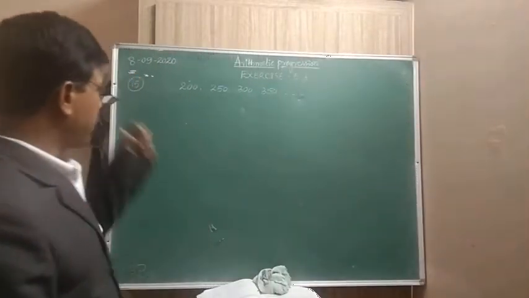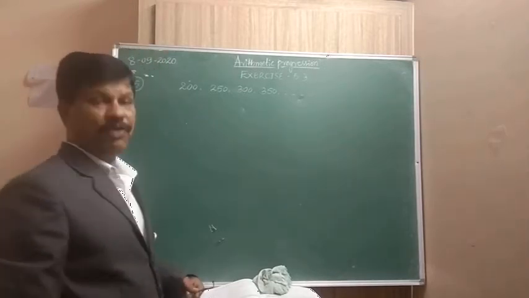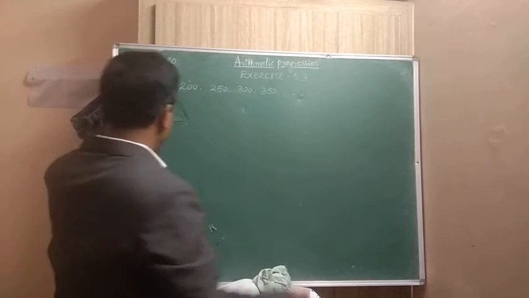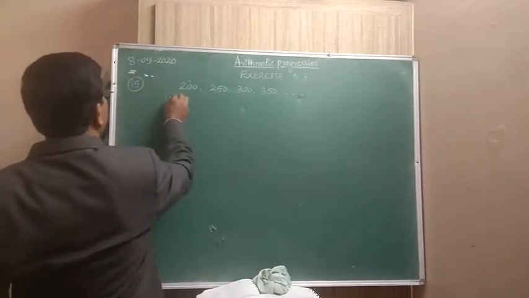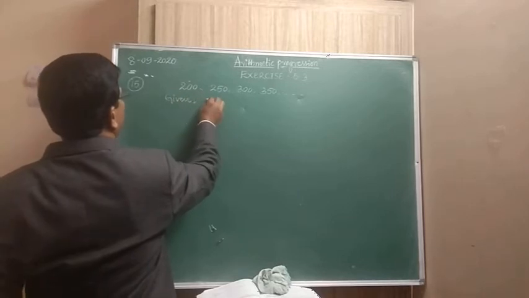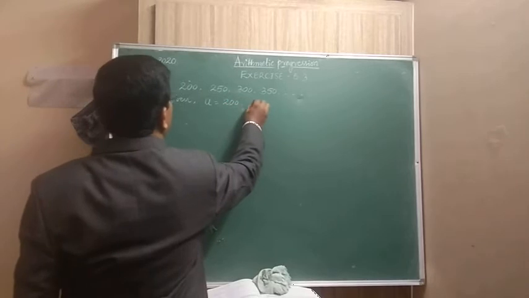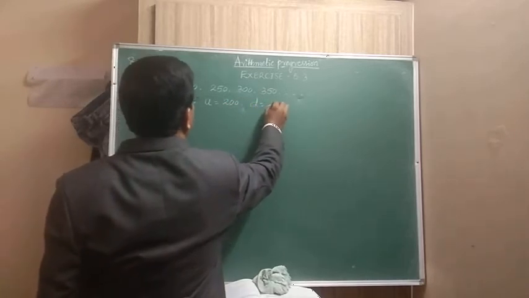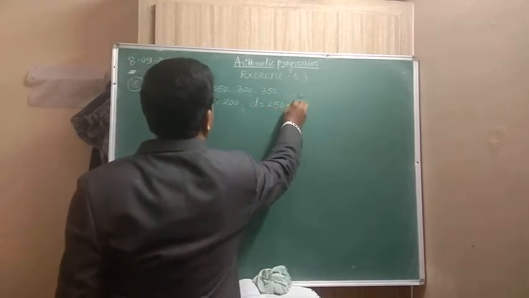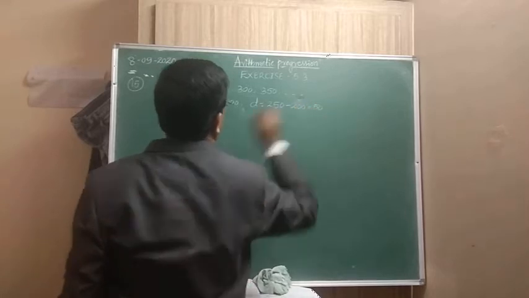So in this AP, a is 200 and d is 50, right? Then you write down given: a equals 200, d equals 250 minus 200 equals 50.